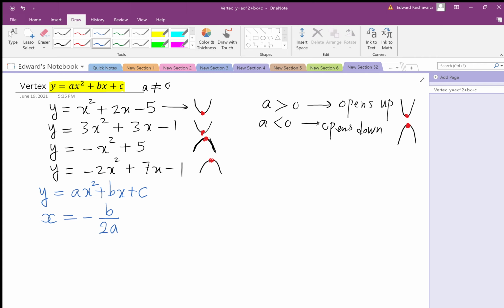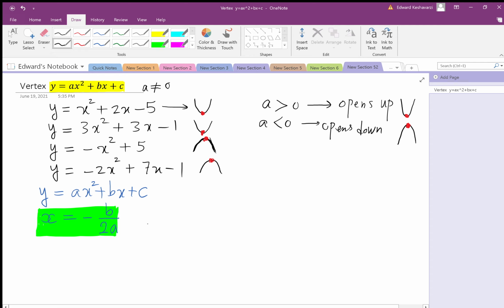Therefore, it has two coordinates, x coordinate and y coordinate. So this formula gives you the x coordinate of the vertex. You might ask, how are we going to find the y coordinate of the vertex? It's simple. Once you have x, if you plug in x, what you get from here, then you can find y easily.